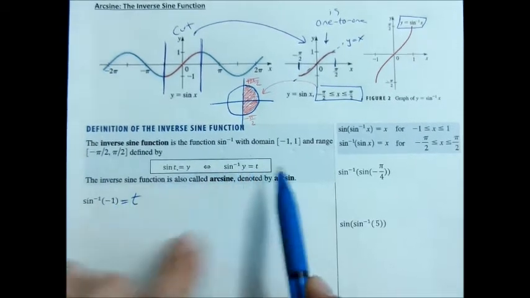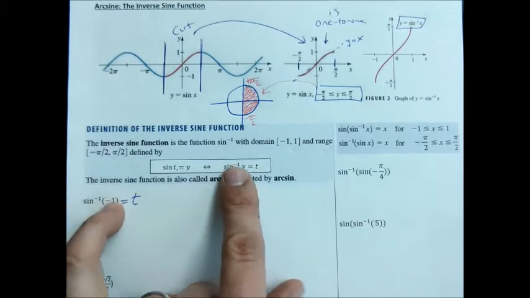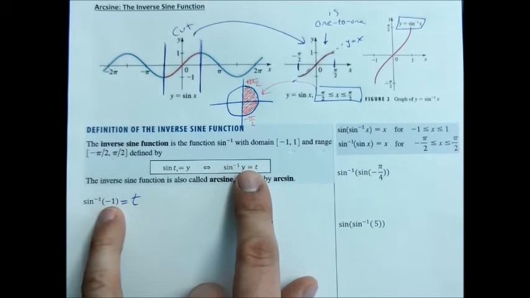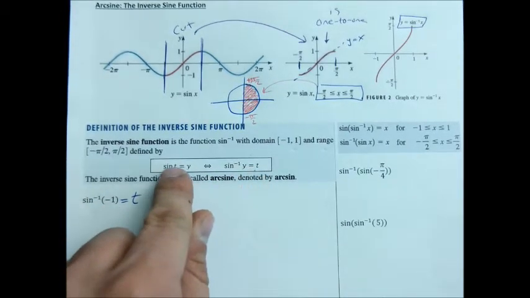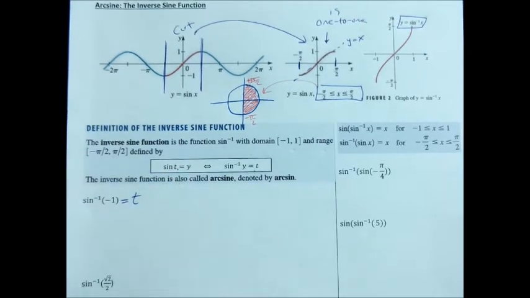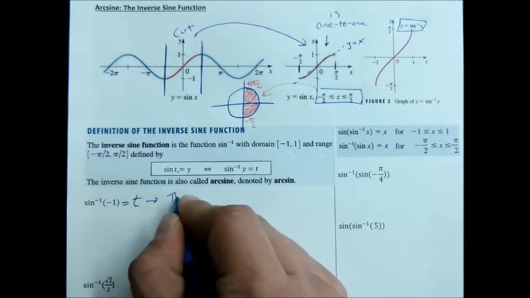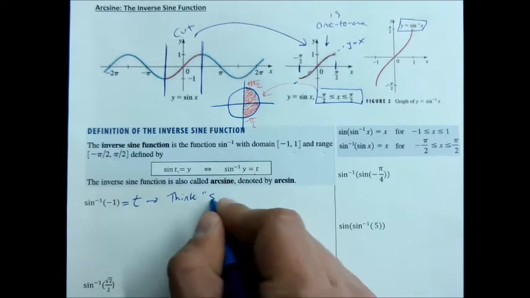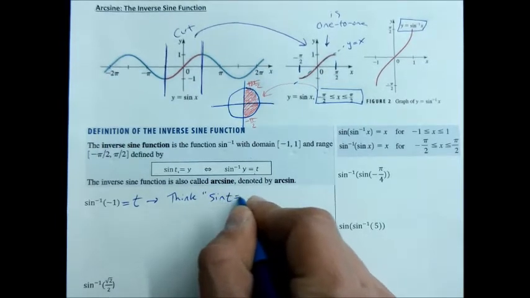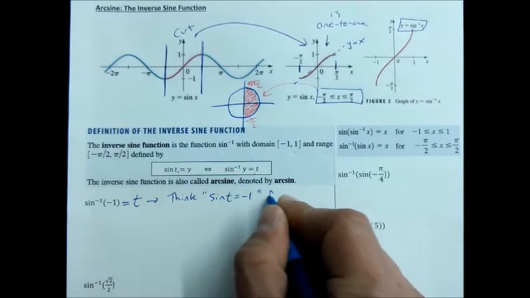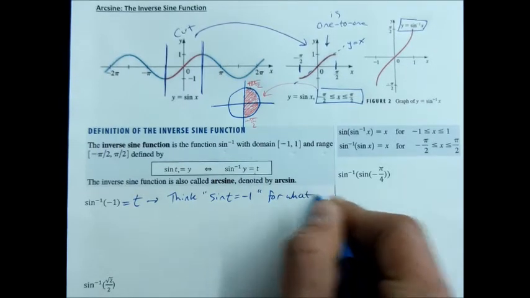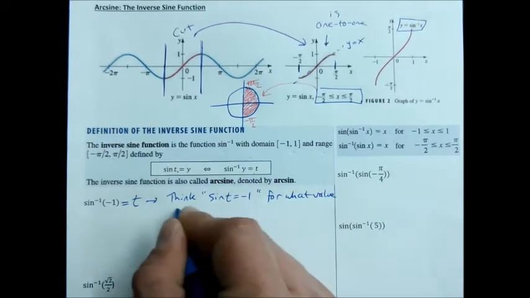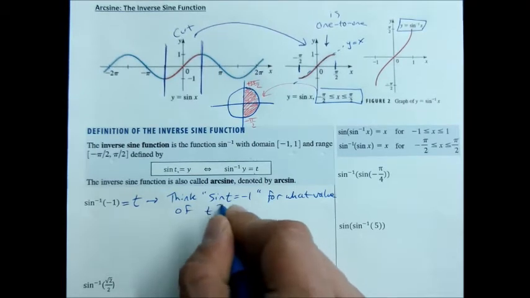Right, so I'm going to rewrite this equation in this form, which gives me something to work with. Right, so here's how we think about this. We think, sine of t equals negative 1 for what value of t?